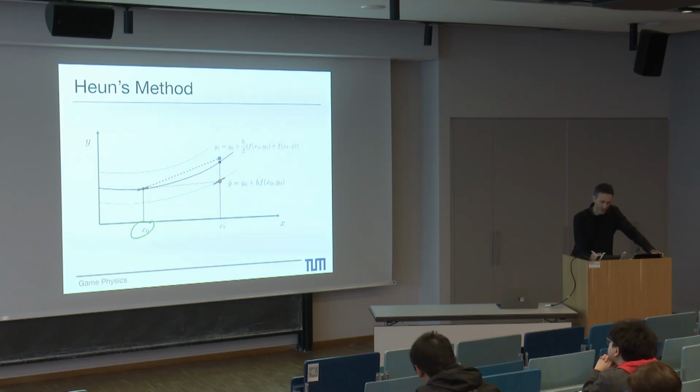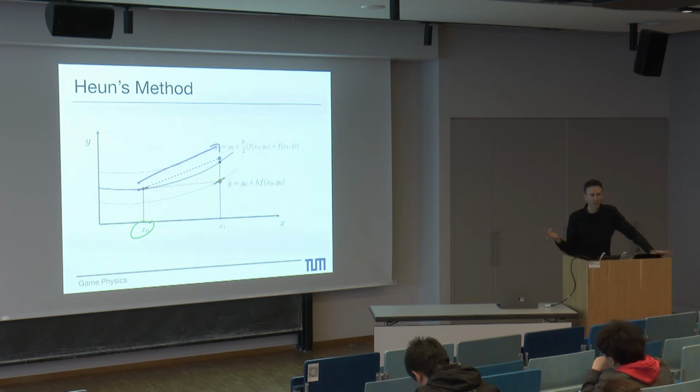So we start from x0 and then make one combined step with these averaged, half-weighted derivatives that we have from the previous steps. And in this picture, and we can show in general, being second order, this is really now fundamentally better. So this gets us closer in terms of this distance here to the true trajectory that we'd like to get.